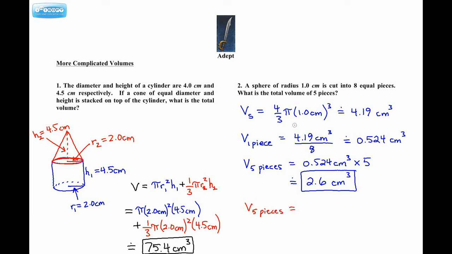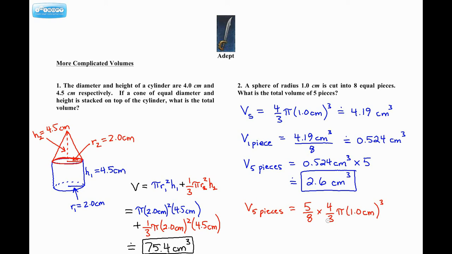Since we're told that we're cutting it into 8 pieces, but we want the volume of 5, really what it's asking us is to find 5/8 of the volume of a complete sphere. So that's just 5/8 times what? Times the volume of the complete sphere. So this is 4/3 pi times the radius cubed.